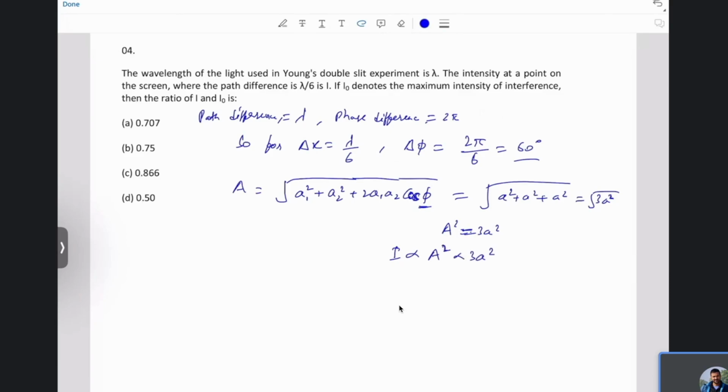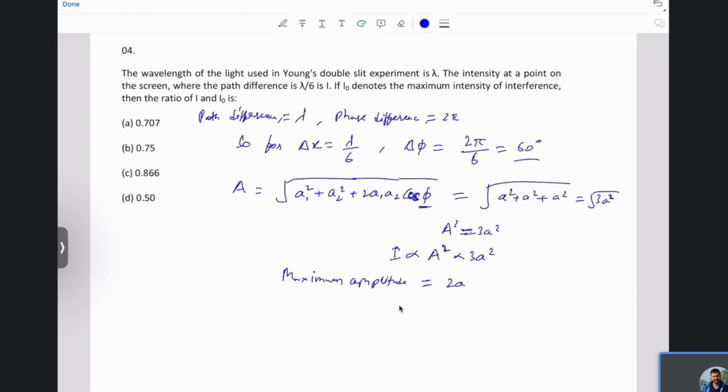We know that the intensity is proportional to amplitude square, so proportional to 3a square. Now the maximum amplitude will be just simply 2a, right?